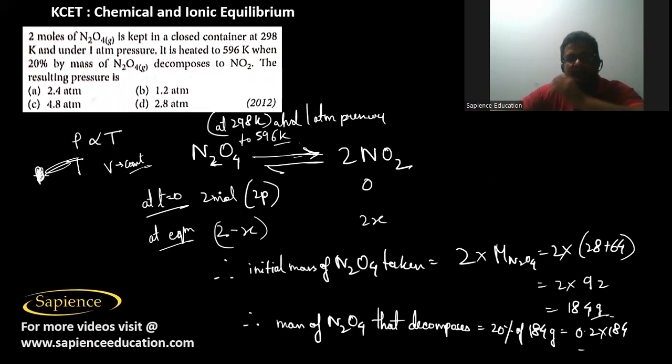Since T final equals twice the T initial, the final pressure also will be twice the initial pressure. So it means the final pressure will be 2 atmosphere actually.